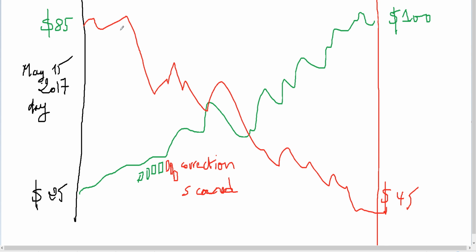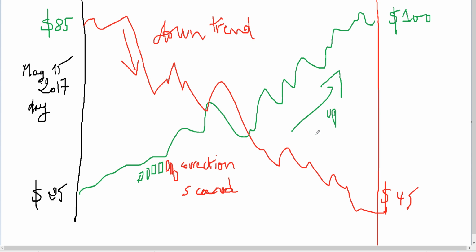Sometimes, when the stock is going down, this is what we call a downtrend. If it is going up, it's called an uptrend. Also, when the stock is going down, it doesn't mean that you should always see red candlesticks.